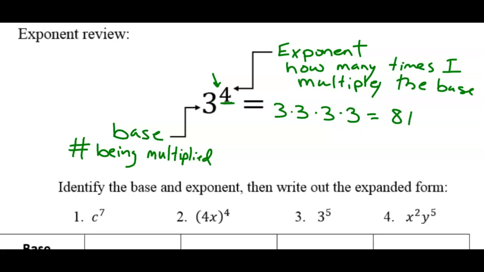Okay? 81 and 12 are very different. The number one mistake that you make is that when you simplify that, you write 12. So it's important that you understand what a base is and what an exponent is, because if you don't, you're going to do this all wrong.